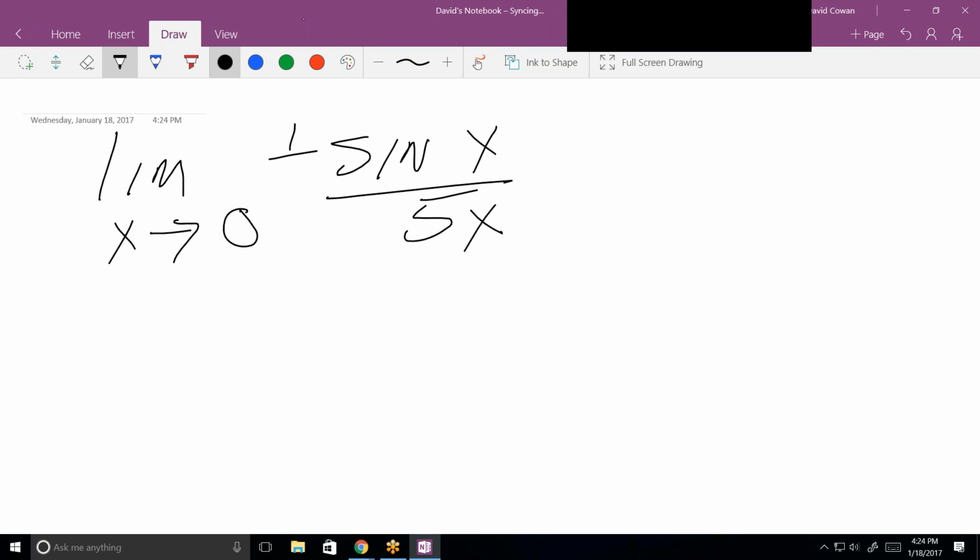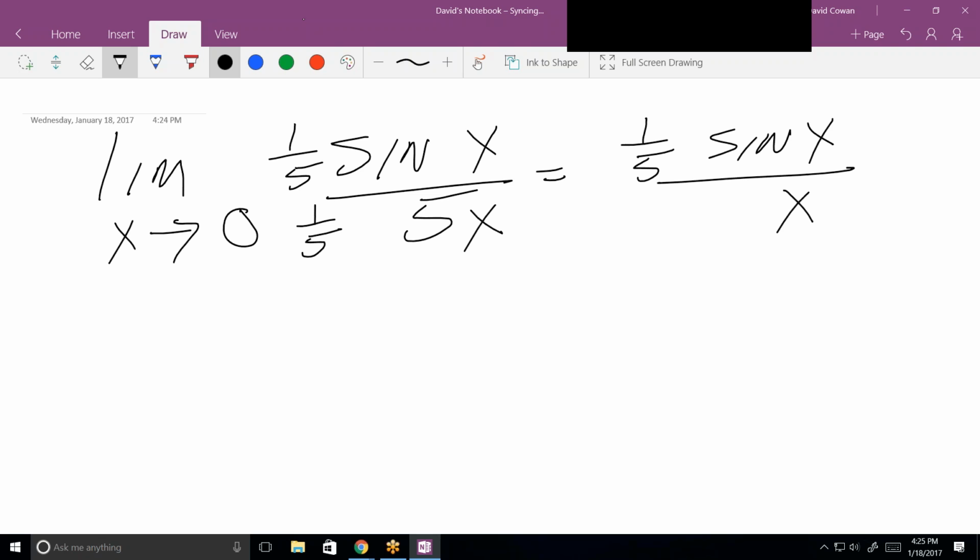About 1/5. Oh, yeah. And then that gives me 1/5 sine of x all divided by x. And we know that goes to 1, so this whole thing goes to 1/5.